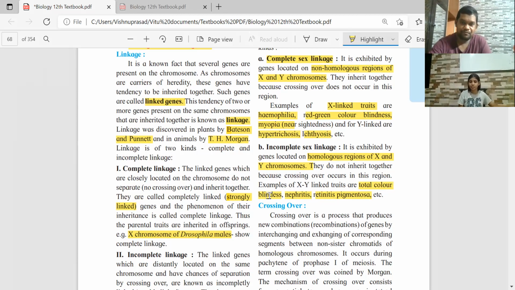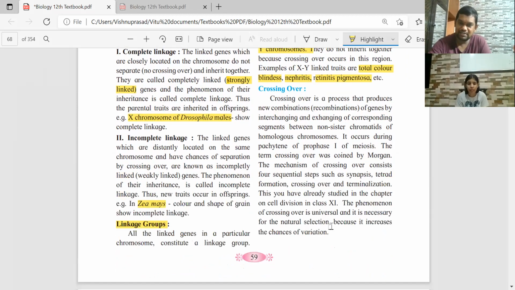Now, this crossing over is something you have already learned. You remember cell division, meiosis, prophase 1, the pachytene stage. The main point to keep in mind is that there is interchanging and exchanging of corresponding segments between non-sister chromatids of homologous chromosomes.